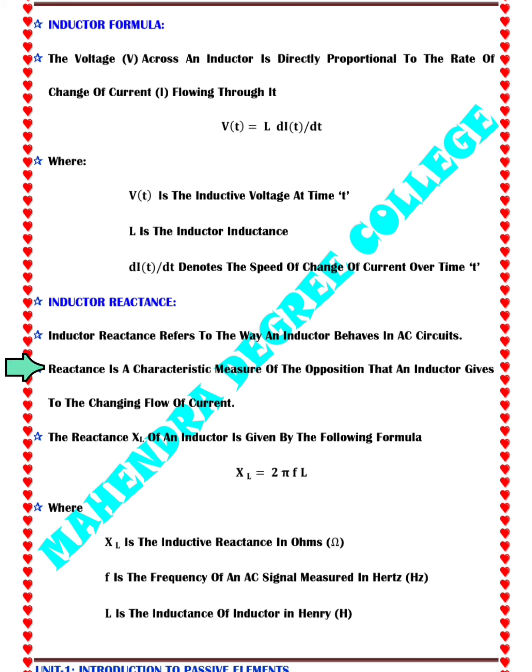Reactance is a characteristic measure of the opposition that an inductor gives to the changing flow of current. It means reactance is a type of resistance, but it's different from regular resistance.